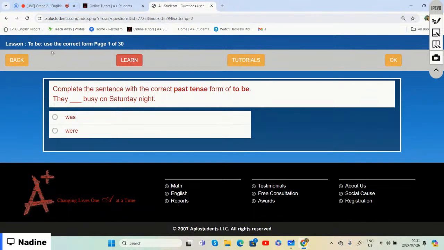And now we're also going to complete the sentence with the correct past tense. It says they, do we say they was busy on Saturday night or they were busy on Saturday night?